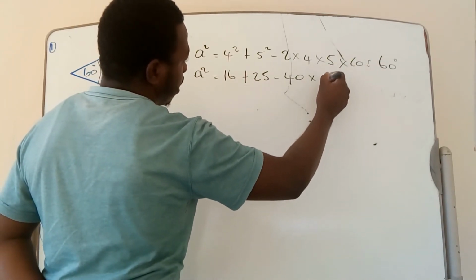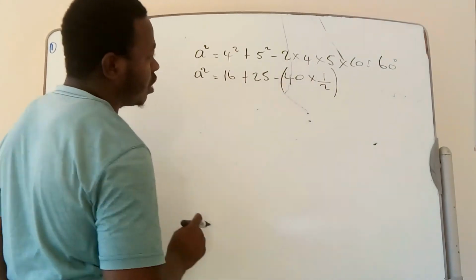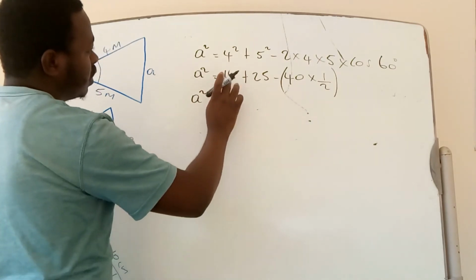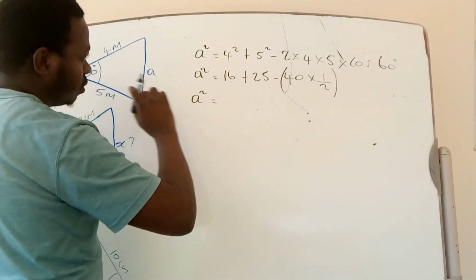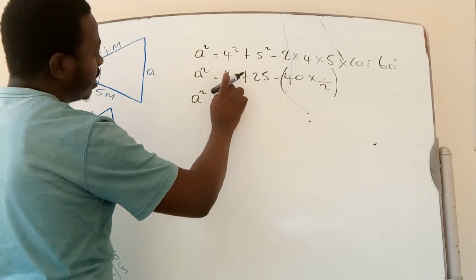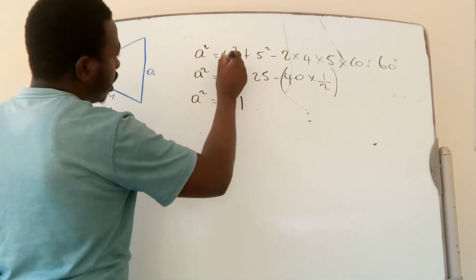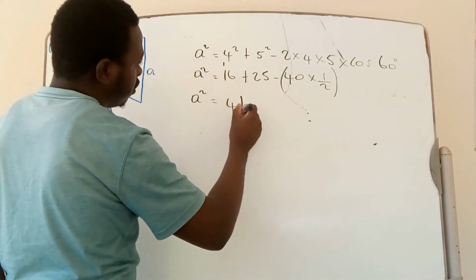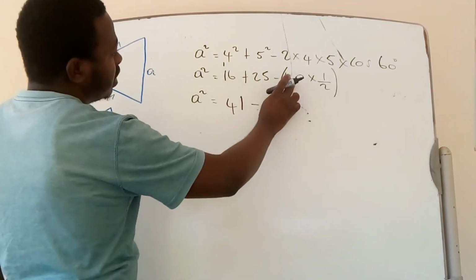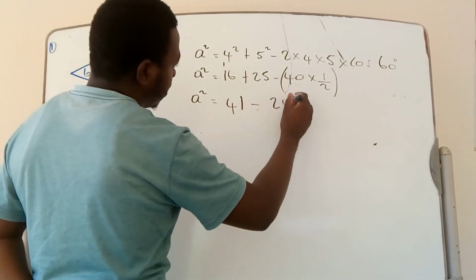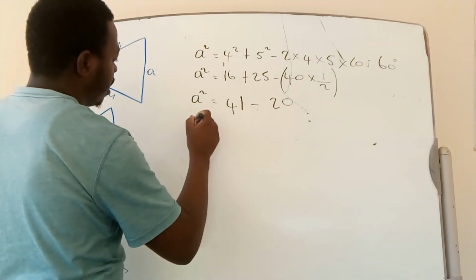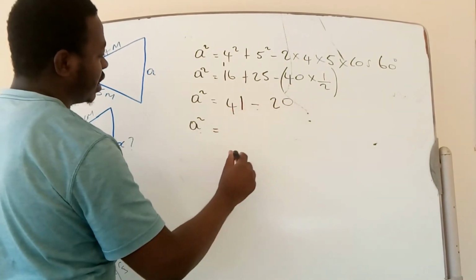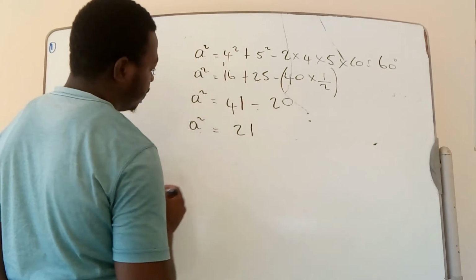So a squared is equal to 16 plus 25, that is 41, minus 40 times a half, that's 20. Now we end up with a squared is equal to 41 minus 20, that's 21.